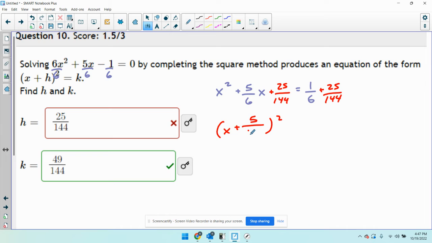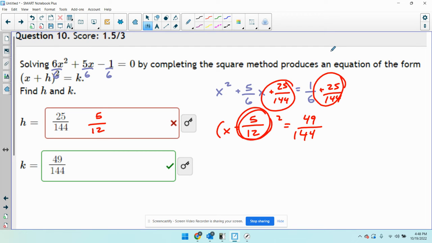I get the 5 over 12, so when you FOIL this, you get 5 over 12 times 5 over 12 is this. 5 over 12 plus 5 over 12 is this. Equals, what did you get? 49 over 144. So this is going to be 5/12. Okay, that's the number you squared to get this thing.